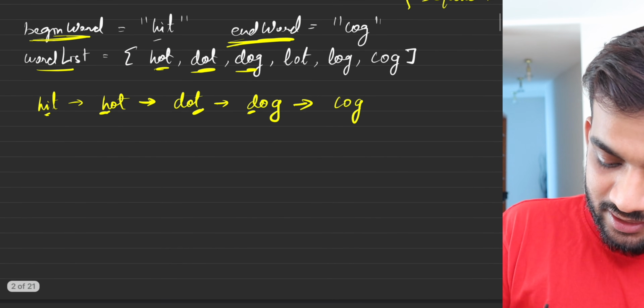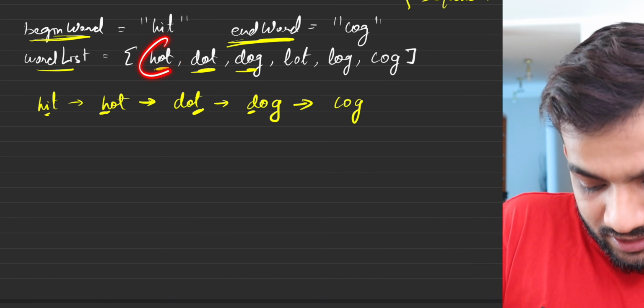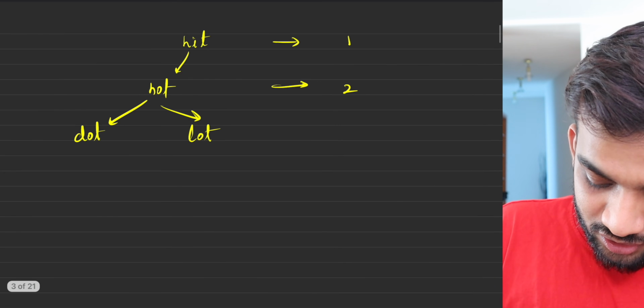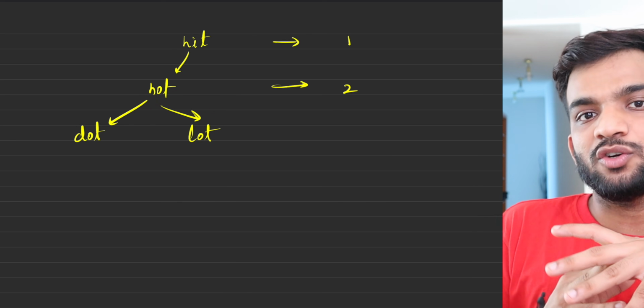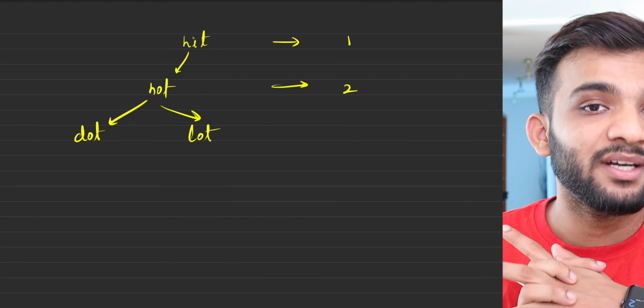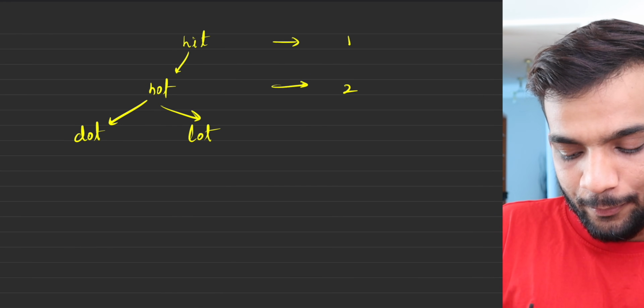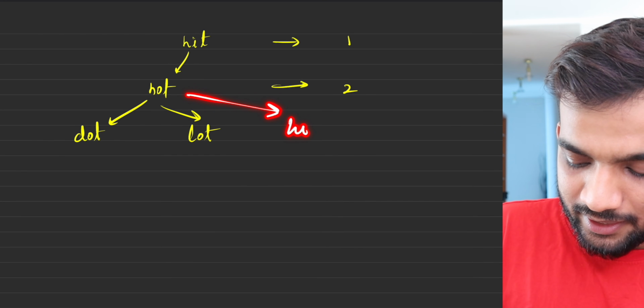Does anyone exist? Have a check. Hot does exist, because if I change this T to T, hot does exist, but we will not take that into consideration. Why? It's the same word. There's no point in going to hot again, or there's no point in getting to hit again.